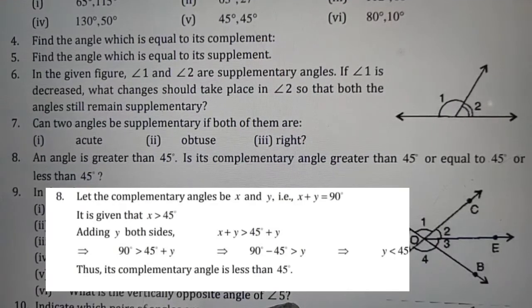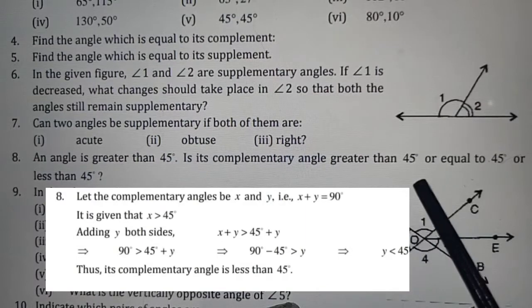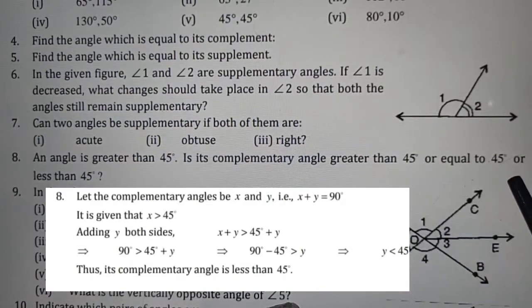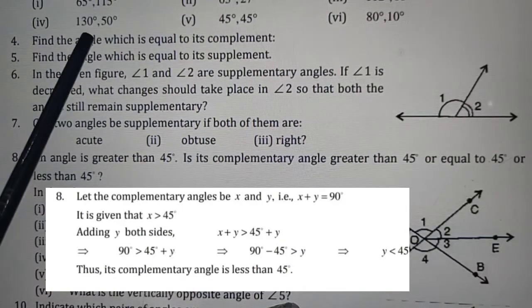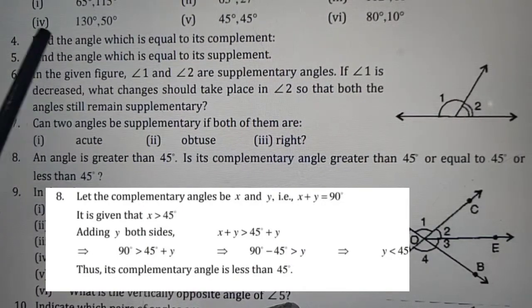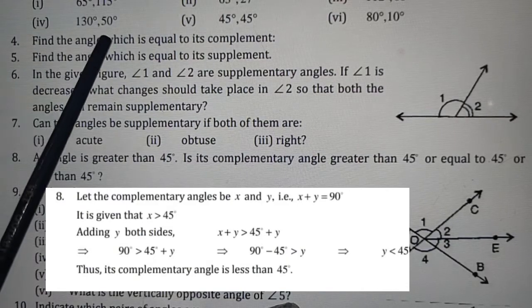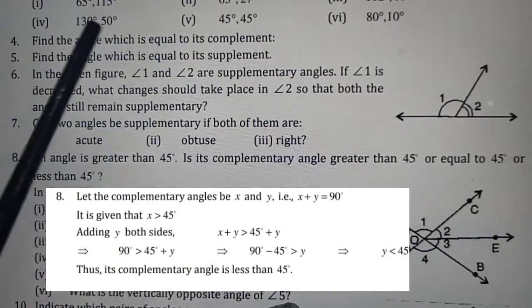Next question, question number 8. An angle is greater than 45. Now if its complementary angle is greater than 45, equal to 45 or less than 45, what about it? As we have seen in question number 4, when two angles are the same and they are complementary, then each angle is 45, because 45 plus 45 gives us 90 degrees.